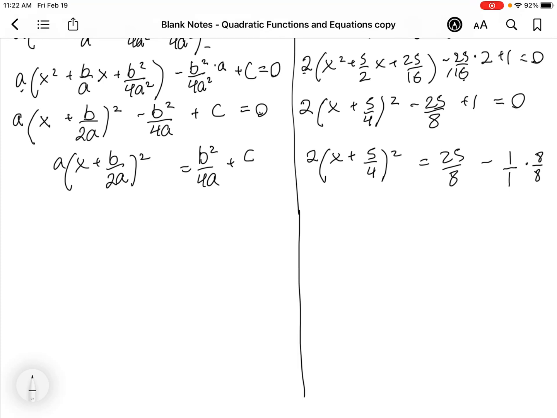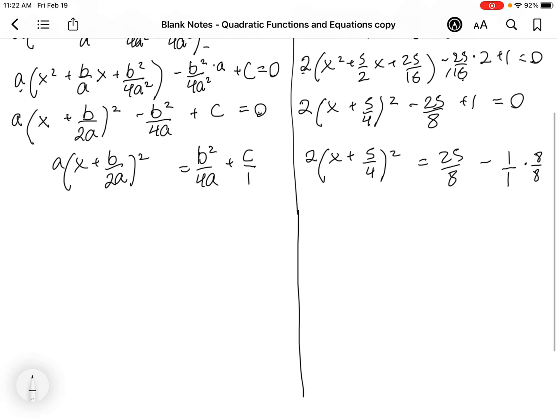Okay? Here on this side, this guy is c over 1. So between 4a and 1, the common denominator is 4a. So I need to multiply this by 4a over 4a to get a common denominator of 4a. Okay, so on my next line, on the left side of each equation, nothing's going to change. I still have a times x plus b over 2a squared.